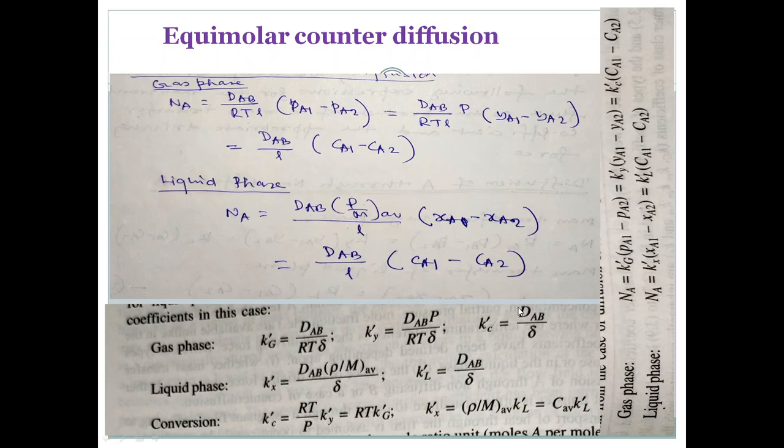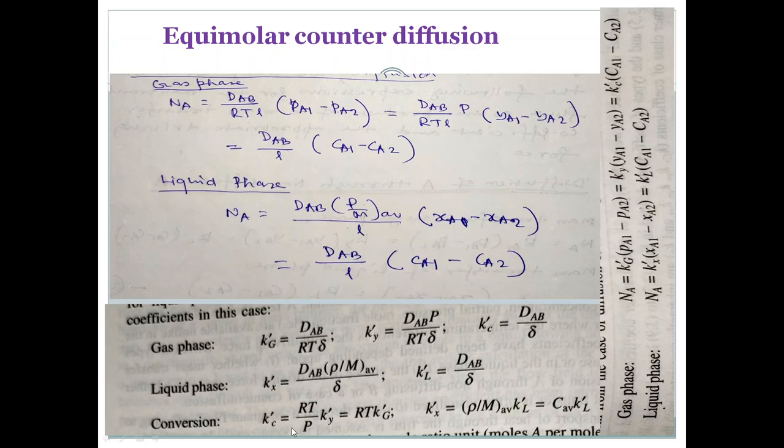You can understand DAB by delta, and you can remember heat transfer coefficient hc equals k by delta. So it will be similar. For the liquid phase, kx prime will be this term, DAB rho by M average by delta, and kl prime will be this.